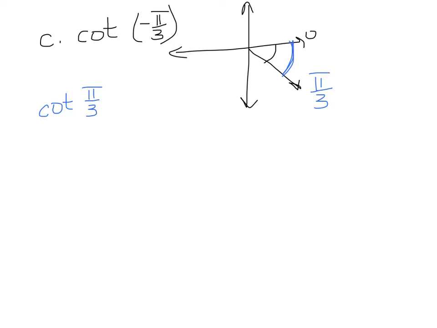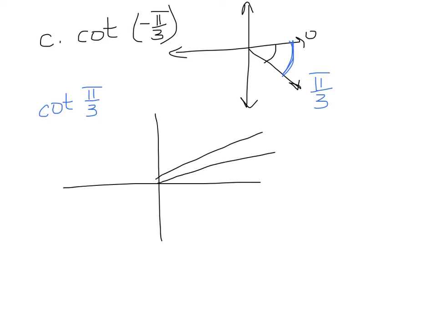And we already have the reference angles in the first quadrant. And what we didn't do is do the tangent values for those. So let me show you those really quick. Remember, this was pi over 6, pi over 4, pi over 3.